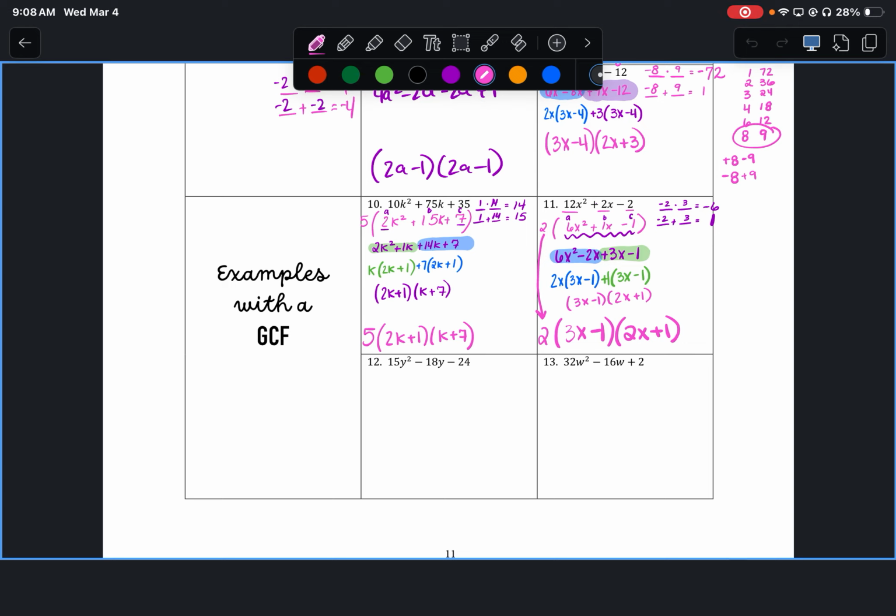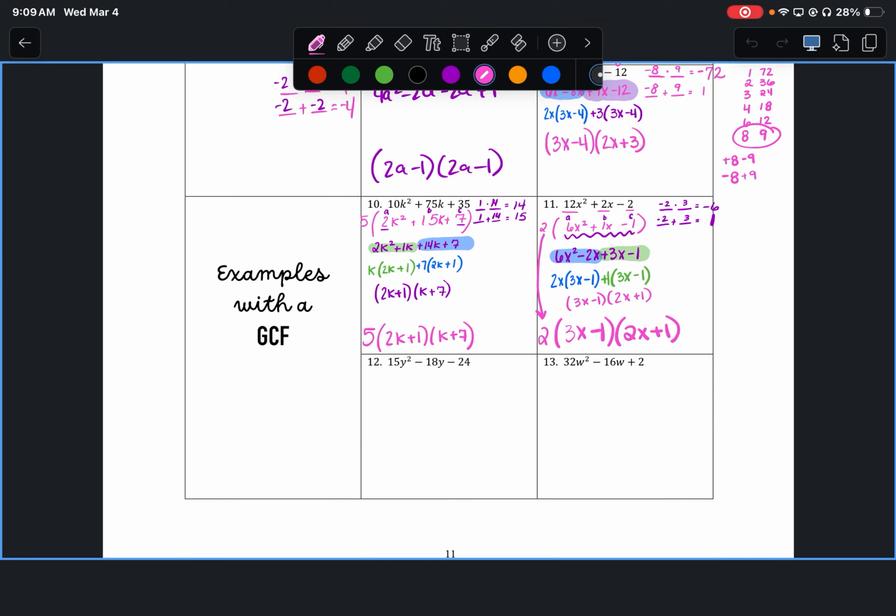I'm circling with a red circle the questions we've done so far in the yellow packet. Friday? Or no, tomorrow? Friday? Monday? Tuesday? All right.